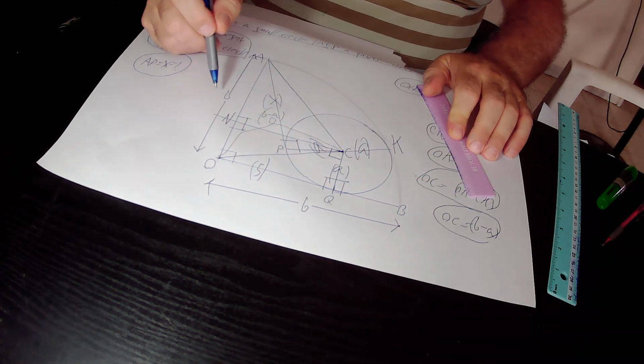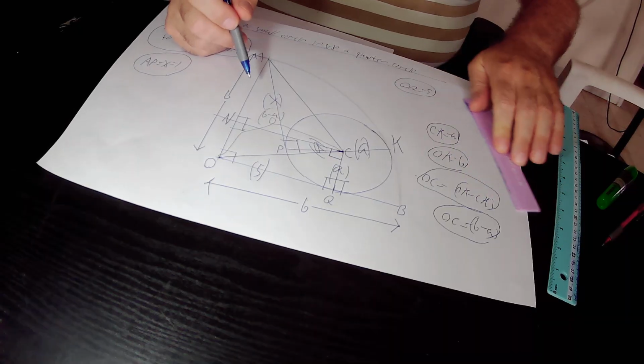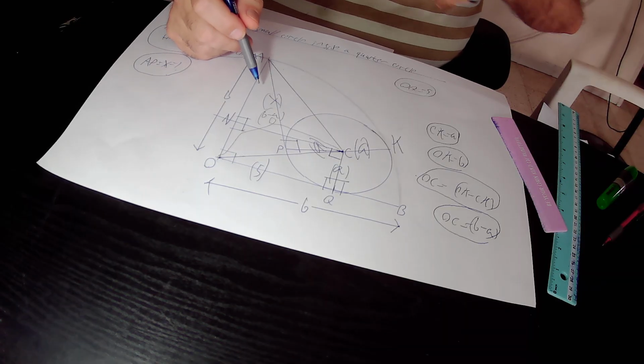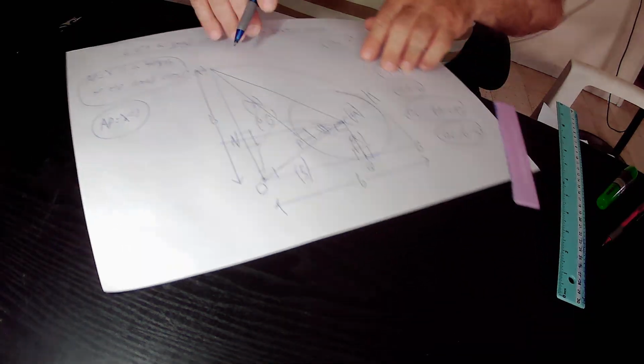So inside quadrangle NCQO, we have four right angles, and according to the rule, any quadrangle that has 4 right angles is a rectangle. So this quadrangle NCQO is a rectangle.